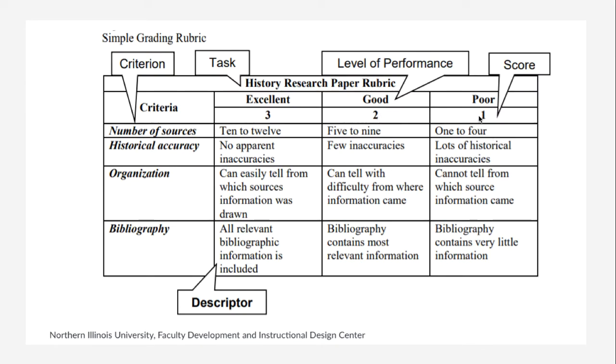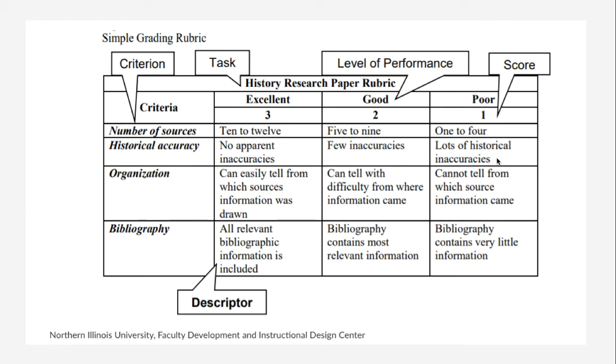okay. Here we have, when would the person score poorly for a number of sources? Well, if they include 1 to 4 sources, that's not so great. They only get 1 point for that. If in terms of historical accuracy, there are lots of historical inaccuracies, that would be a poor outcome there, right?